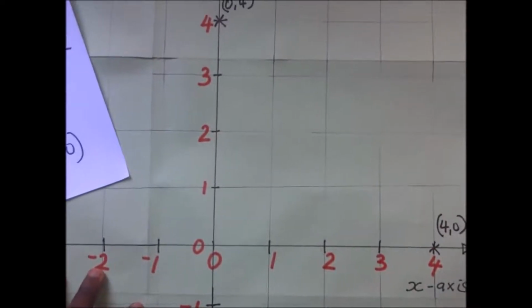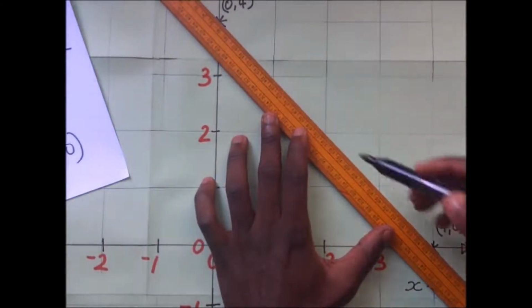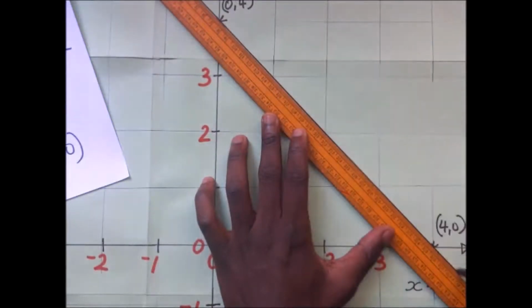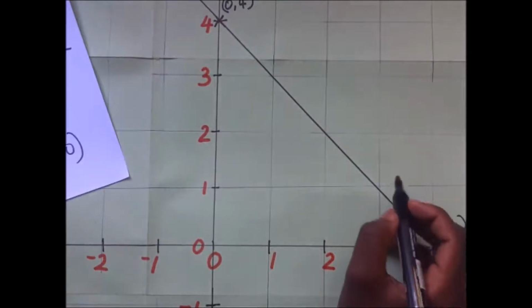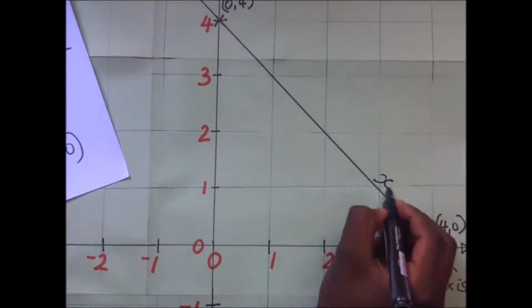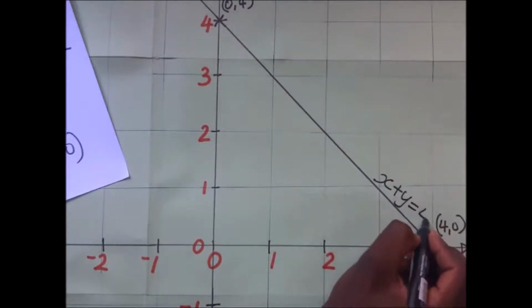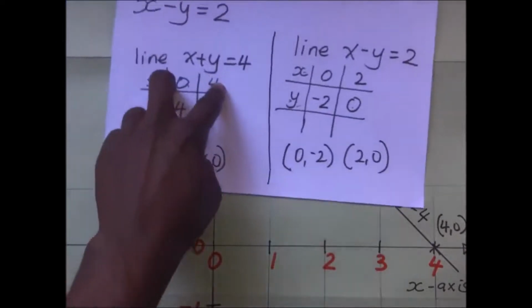So from here, we shall connect these two. So this is our line x plus y is equal to 4. We have finished with this line.